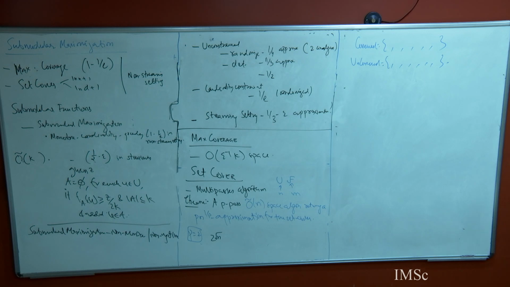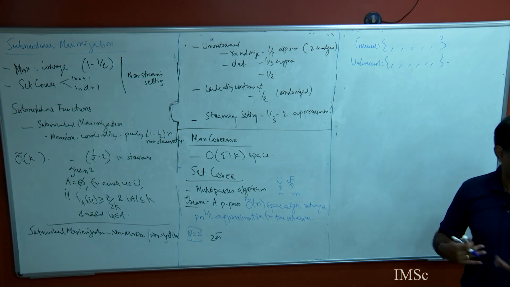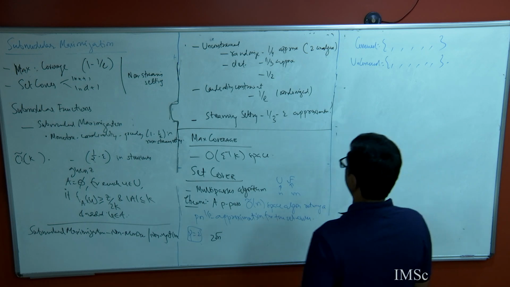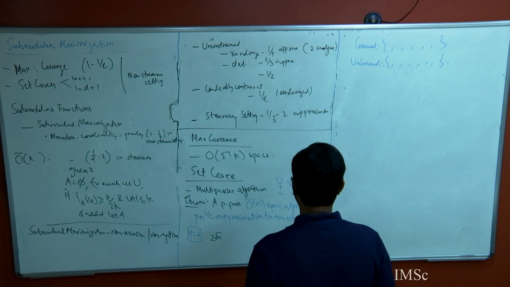For example, if all my objective was to get the universe, I let all the elements go and I put them in uncovered, uncovered, uncovered. If a new element comes, I just put it in uncovered. So at the end of the first pass, I know my universe. I'm not storing sets, I'm just storing my universe. But I don't have to do it that way, I can do it on the fly.